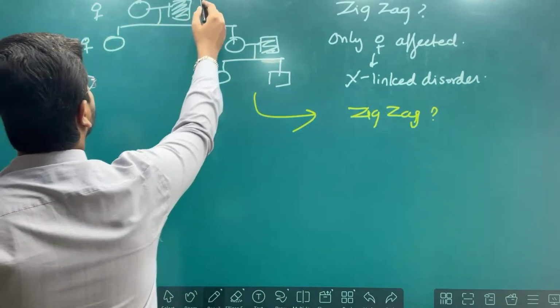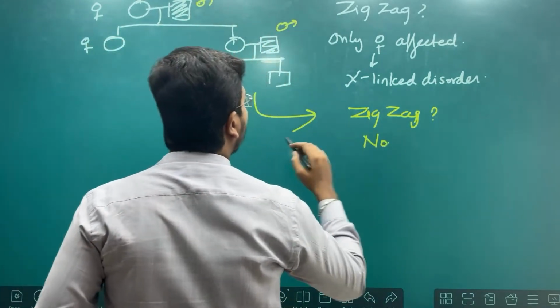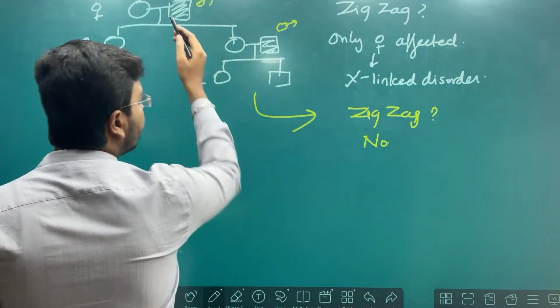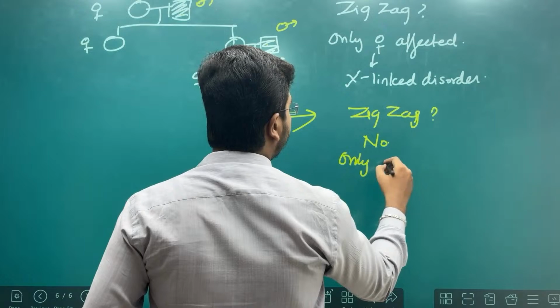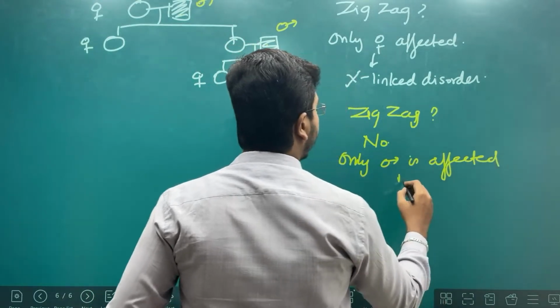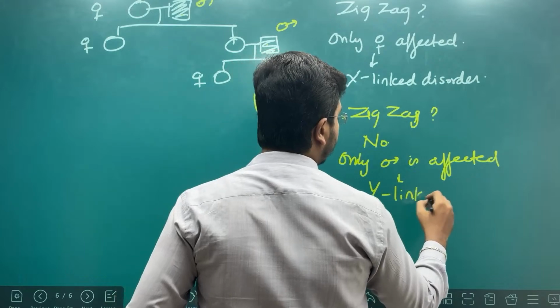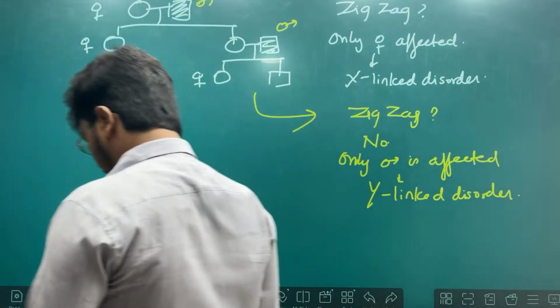This is male. This is male. No. So the answer is no. But can you see only males are affected? No females got affected. So if only males are affected, then I can call it a Y-linked disorder.